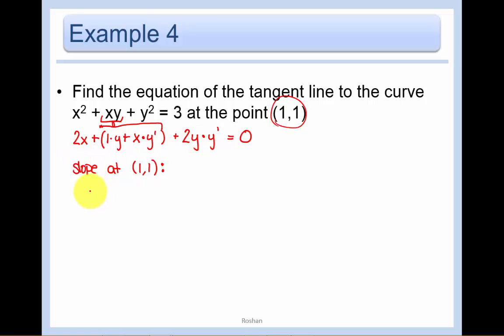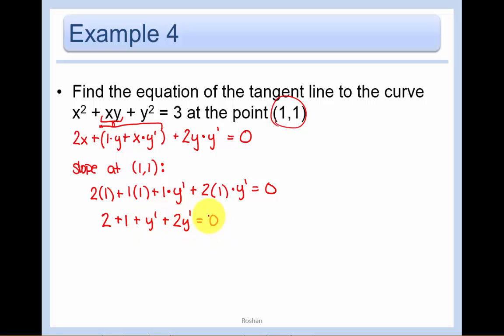So using this, 2 times the x coordinate, which is 1, plus 1 times y, which is 1, plus x, which is 1, times y prime, which we don't know yet, plus 2y, 2 times 1 times y prime, equals 0. So we've got 2 plus 1 plus y prime plus 2y prime equals 0.